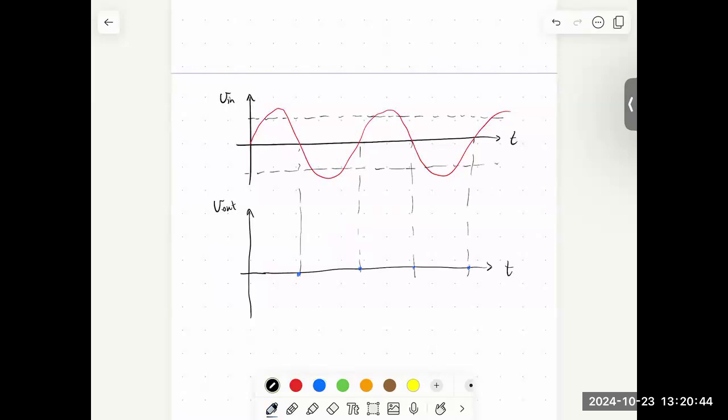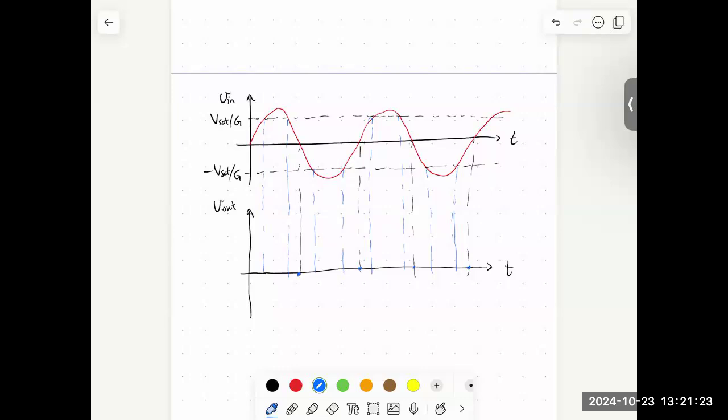And we said we wanted to keep our inputs below V saturation divided by G and above minus V saturation divided by G. Okay, and so we're going to have some special points right here. I'm going to find all of these places where our input is too big. And it's going to be something like this.